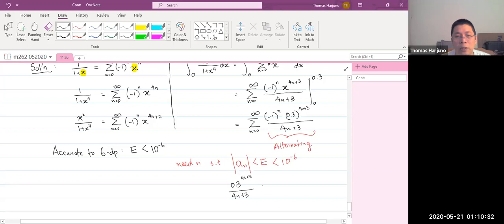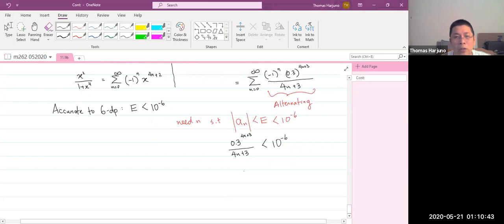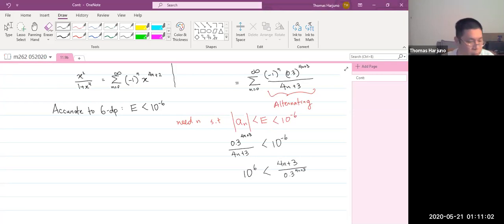We want this to be less than 10 to the negative 6. Or in other words, 10 to the 6 is less than the reciprocal of that, (4n+3) over 0.3 to the 4n+3. Then from here we do trial and error.